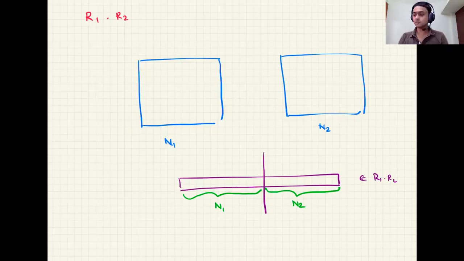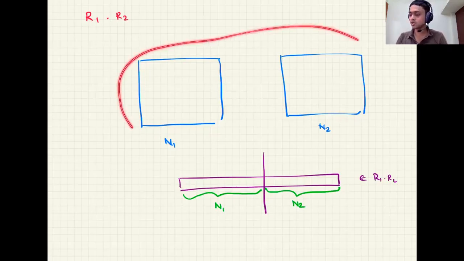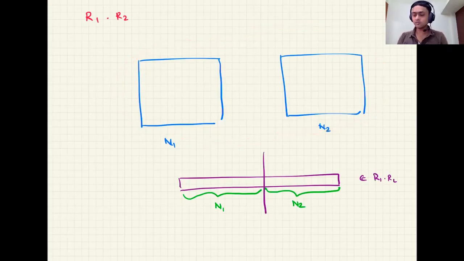Now some way we have to tie N1 and N2 together so that when it is seen as a single NFA, it is able to read N1 and then jump to N2 at some point and start reading the second part of the string.